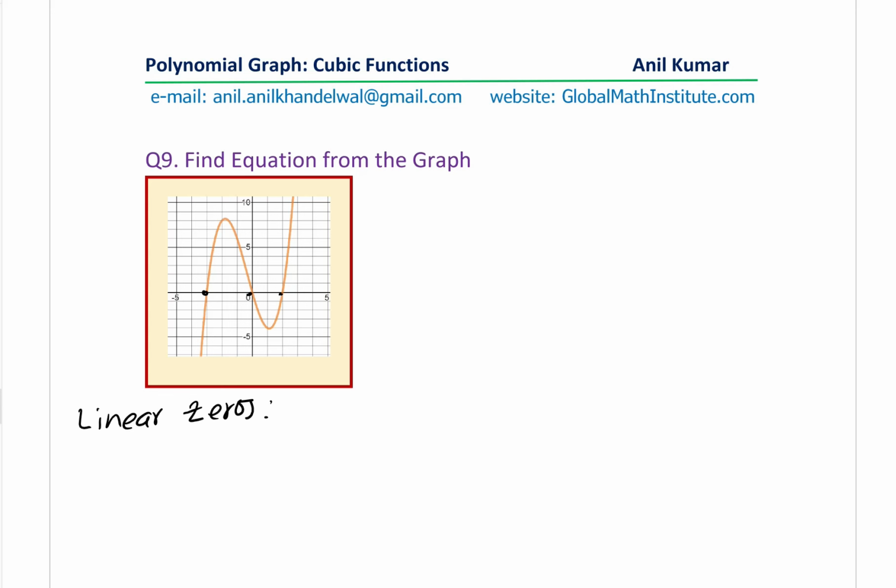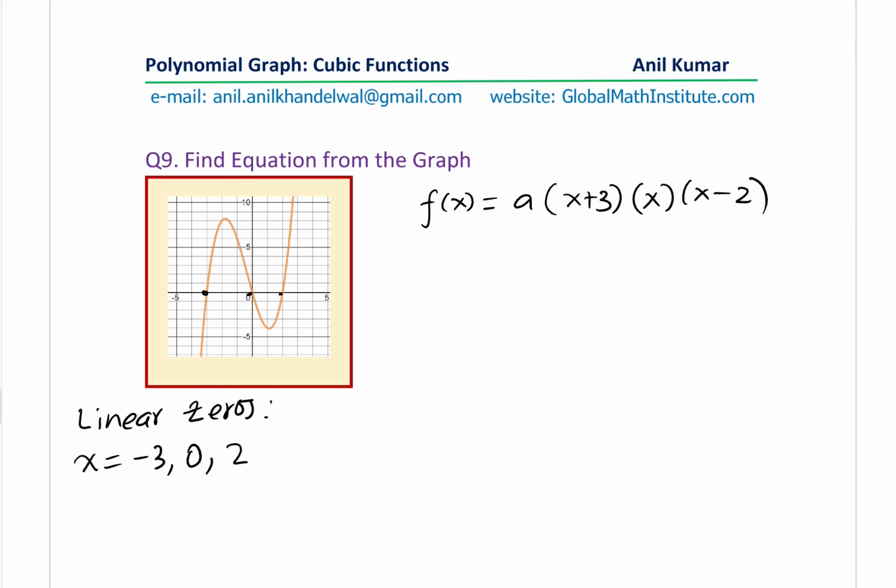At which point? At x equals 2, the points here are minus 3, then we have 0, and 2. So at these 3 points, that gives you the function f of x as equal to a times, a gives you the specific function once we define a point, x plus 3, that is a factor because of 0 at minus 3, x, and x minus 2.